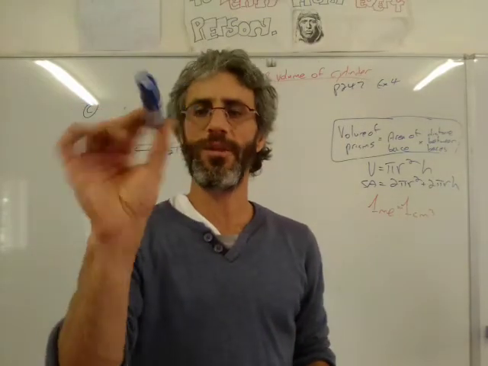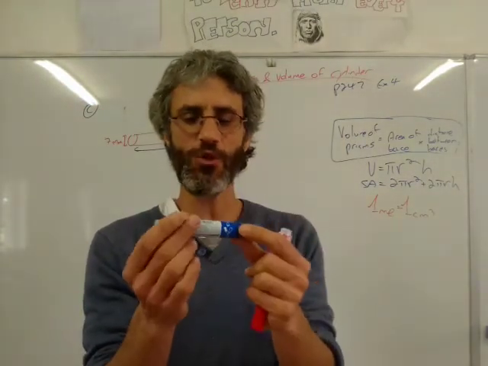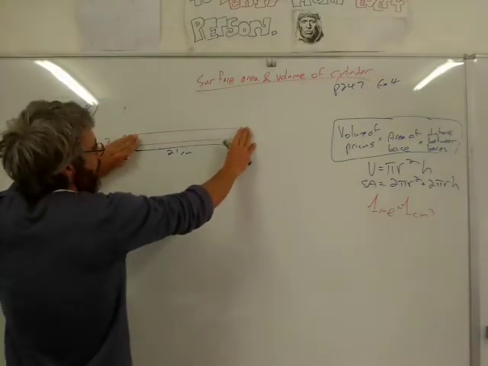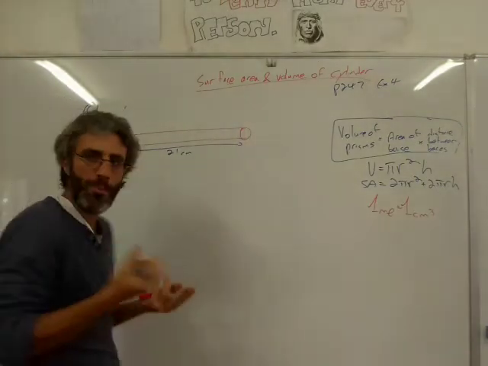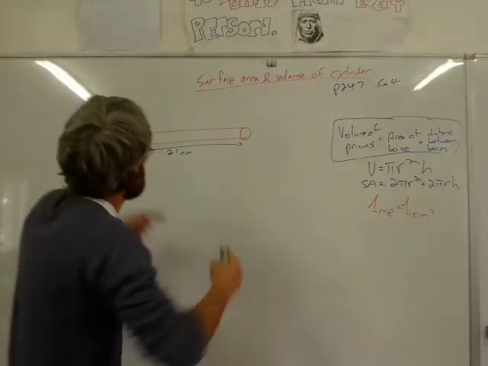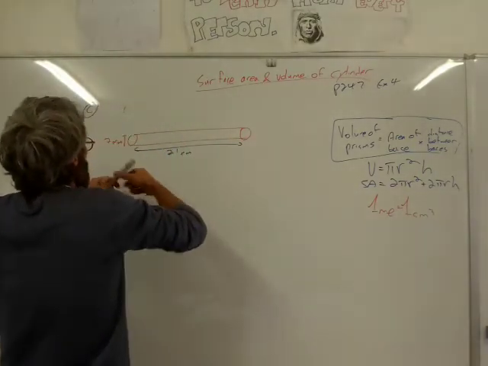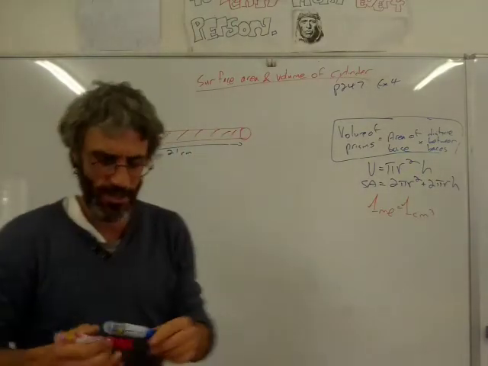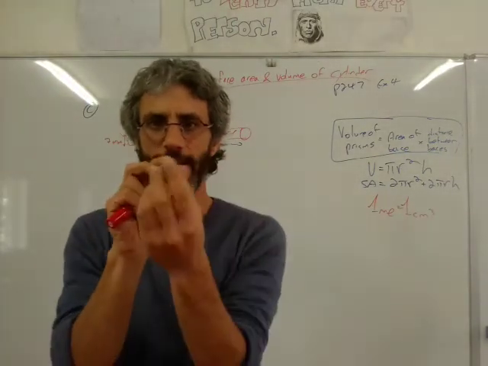Now, in a straw, you know that we don't have any plastic on the ends. It's open, so we can suck. The only plastic is just around. There's no plastic at the top or the bottom.